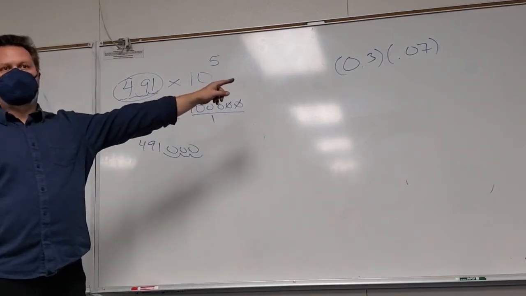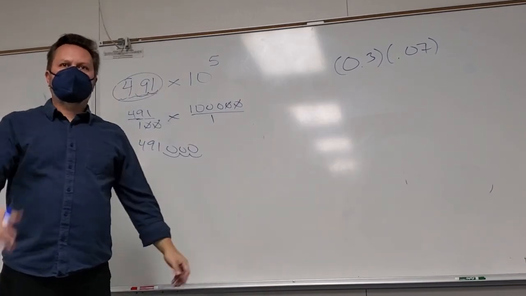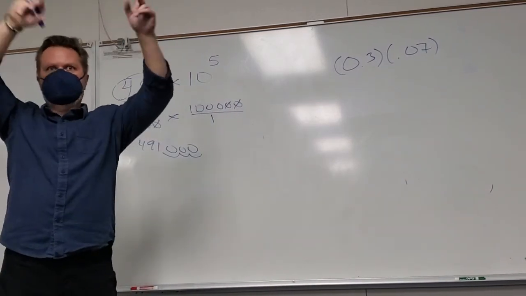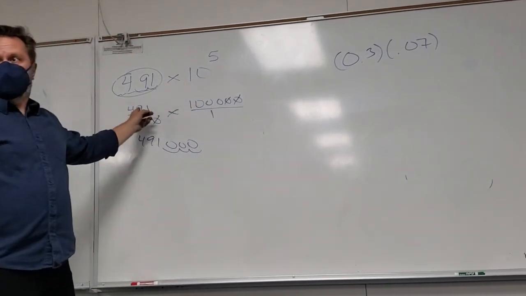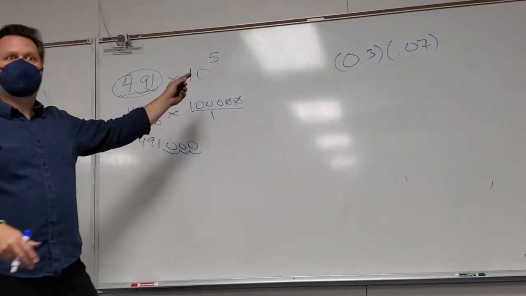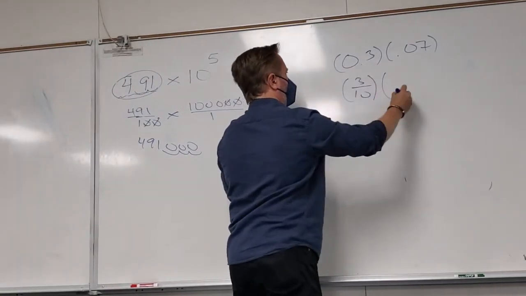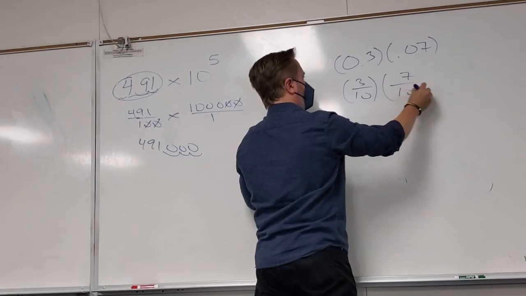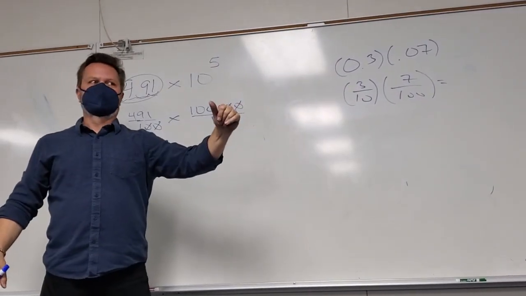What can I do with that problem so that I haven't taught the students how to do decimal multiplication? You guys remember it's a little weird, you gotta count the number of places, blah, blah, blah, right? But we know the decimals are just fractions, yes? So what is 0.3? 3 over 10. What's 0.07? And is this hard? That's easy, right?